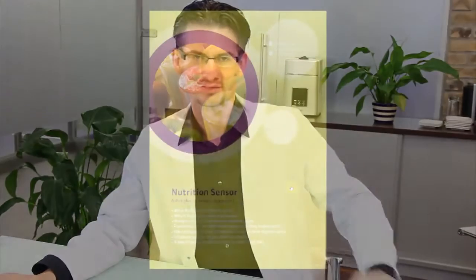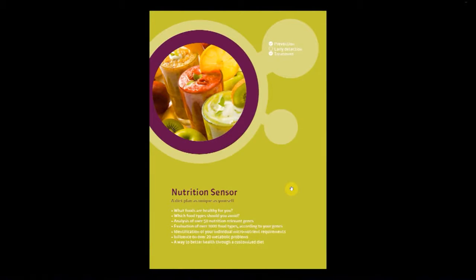This program is structured in such a way that you can use genetics to improve weight loss, or use genetics to eat healthy, or do both. There are different sections in the report depending on what you've ordered. So this here is a nutrition sensor part. This is the eating healthy part, to make sure your body gets the right nutrients. And this is useful for prevention, so to prevent certain metabolic problems from developing, and for treatment.